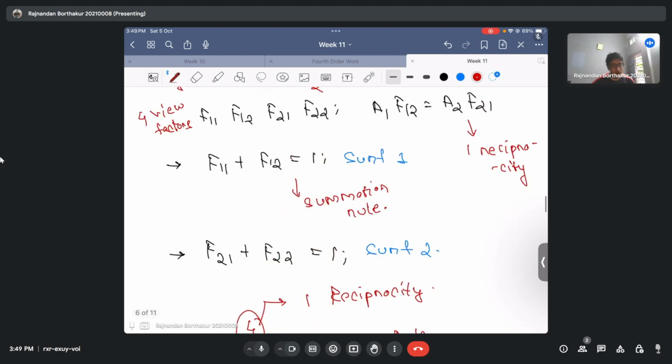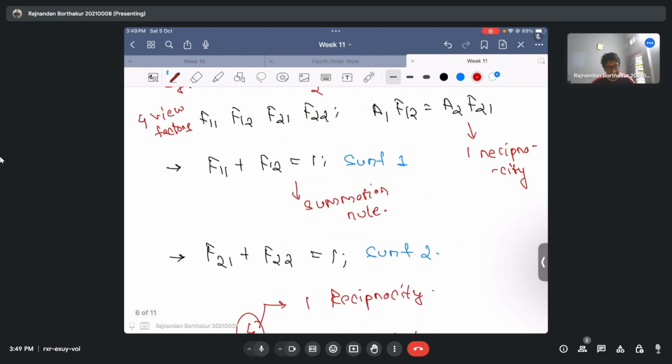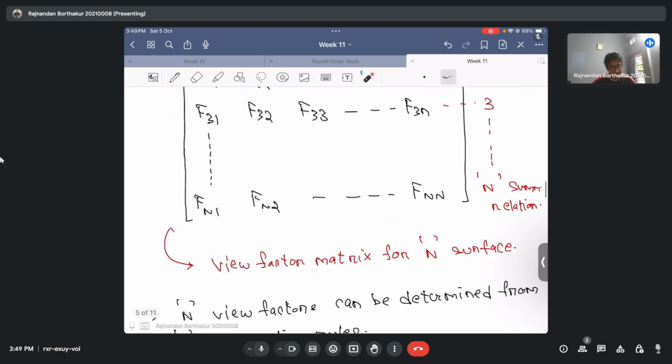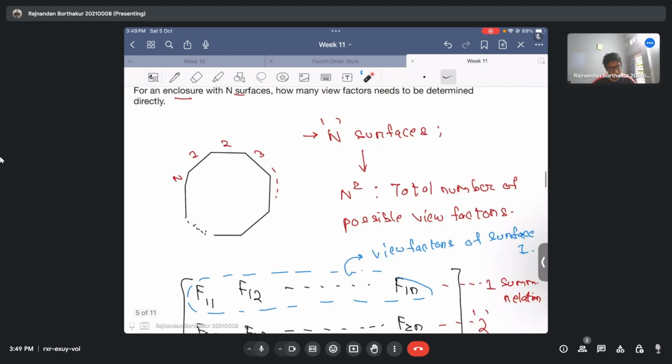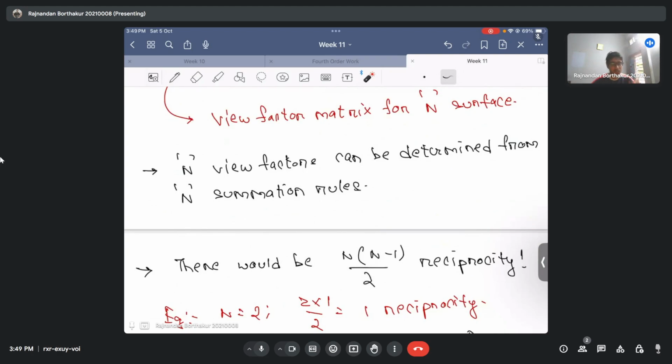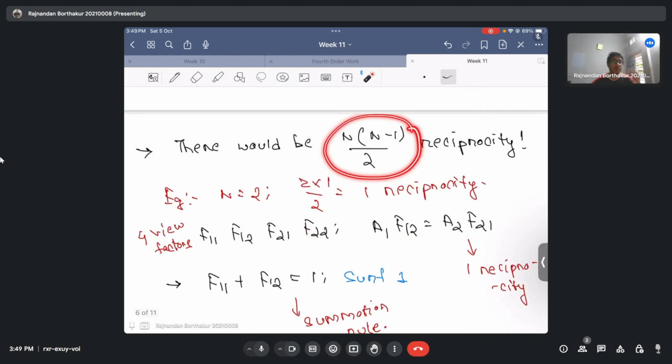Okay, now draw the same analogy for n number of surfaces, which we basically did here. For n surfaces, there will be n square view factors. N view factors out of these n square view factors can be determined from the summation rule, and n into n minus 1 by 2 view factors can be determined from the reciprocity relation.